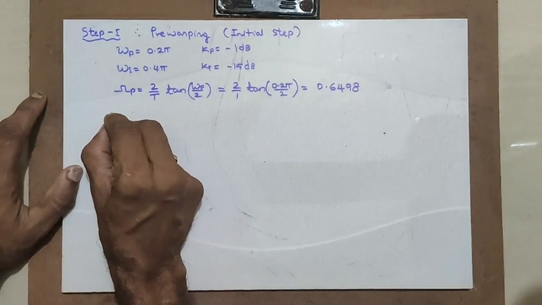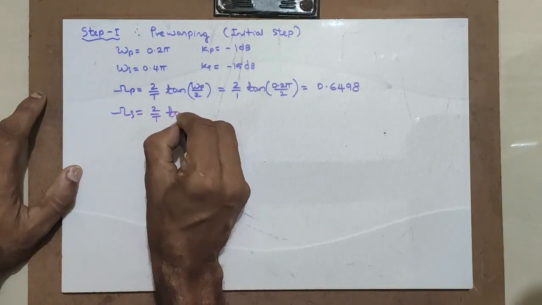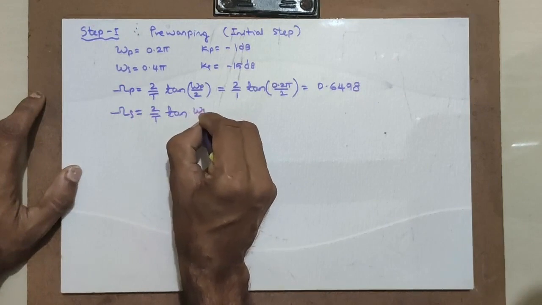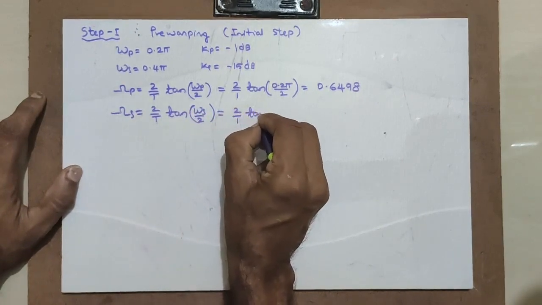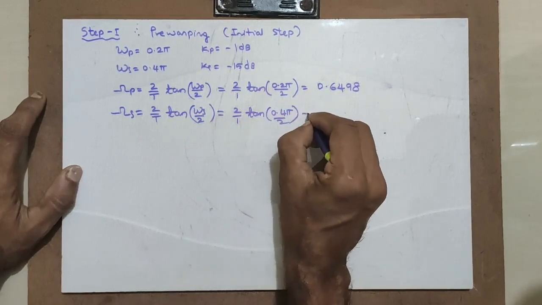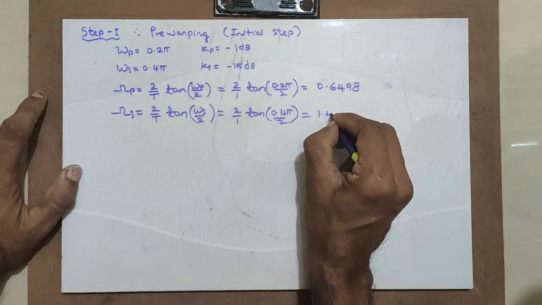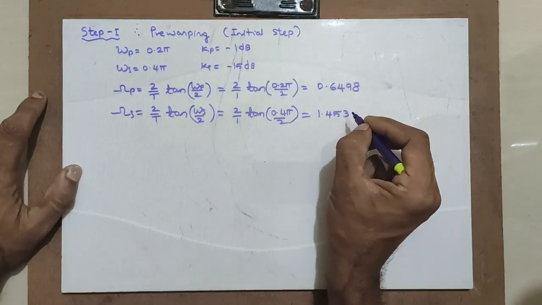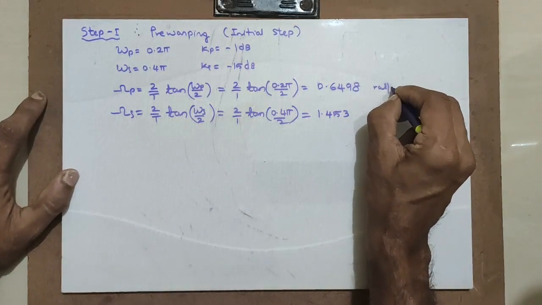Similarly, omega s is equal to 2 by T tan Ws by 2, is equal to 2 by 1 tan of 0.4 pi by 2, which comes out to be 1.453. Obviously, these are now in the analog domain, hence they are in radians per second.